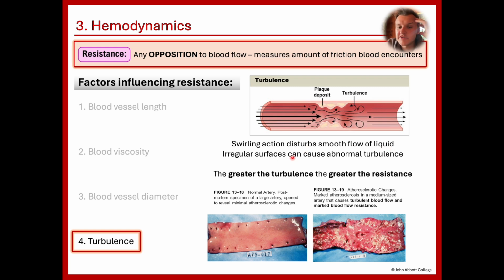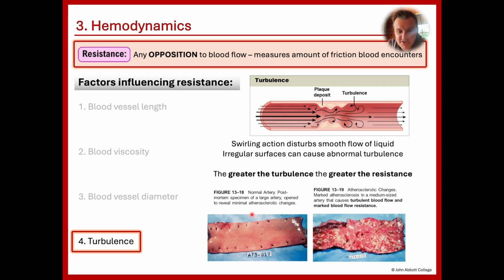And irregular surfaces can cause abnormal turbulence. Do you see these bumps here? Think of the bumps of turbulence if you're on the airplane, right? As blood is flowing linearly, nice and happy, all of a sudden it meets this and it bumps around. This liquid will bump around and create some turbulence here. So the greater the turbulence, the more resistance there is, right?